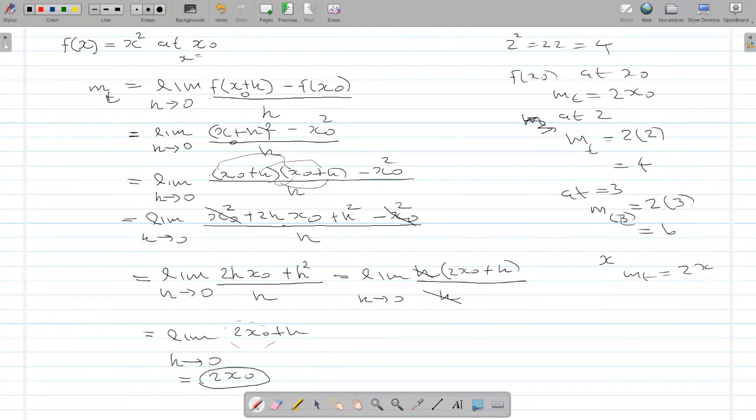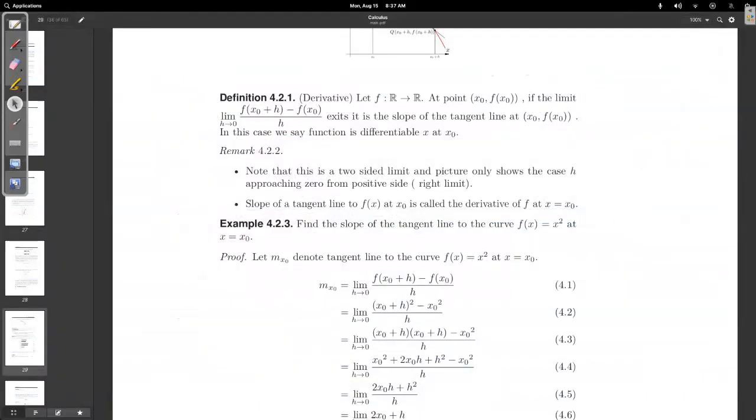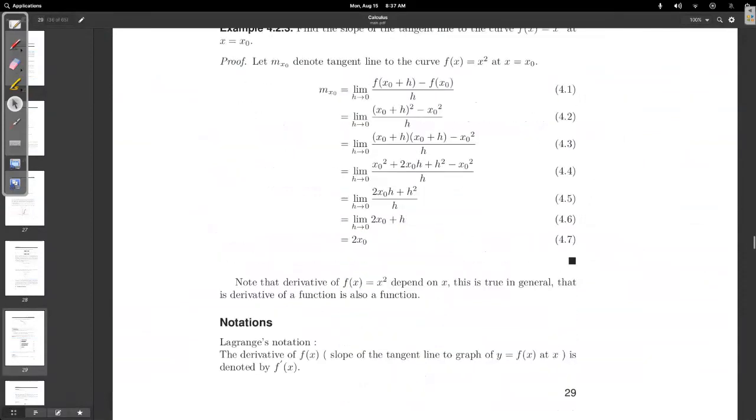So there are two notations to give the derivative of the tangent line, or the derivative at x naught. This handout has that calculation of derivative.